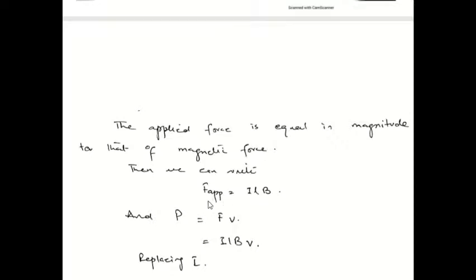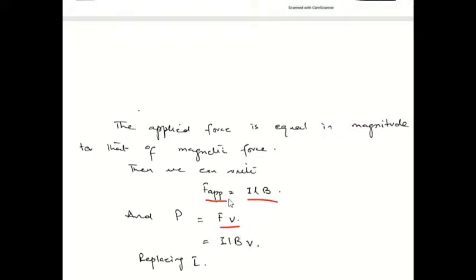So we can write that the applied force equals ILB, which is equal to the magnetic force that we have. And we also know that power is equal to force times velocity.